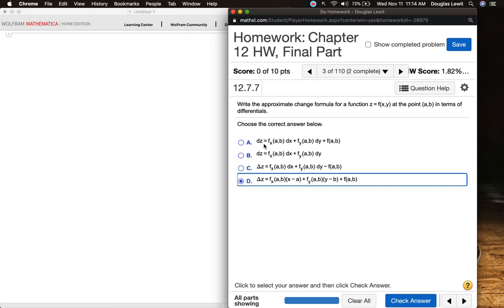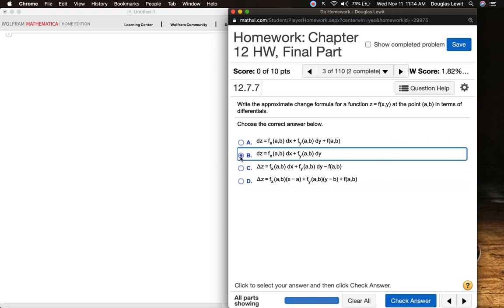It's a choice between A and B, and I have to think about this carefully. So the change in z is equal to the partial derivative with respect to x of AB plus the partial derivative with respect to y, AB, plus f of A and B. This would actually be, okay, it's going to be option B. The reason it's not option A is that it actually gives you the new value of z, which is not really what they're asking for.